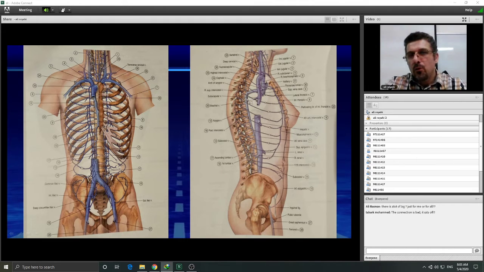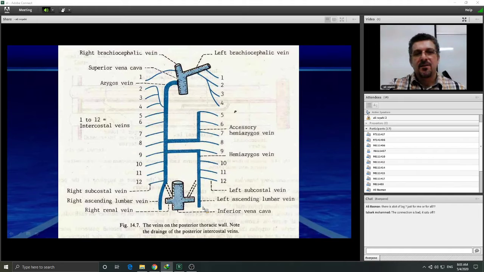In the posterior wall of the thorax, as I told you, we have the azygous system. On the right side, we have the azygous vein, and on the left side, the hemiazygous vein and accessory hemiazygous vein.